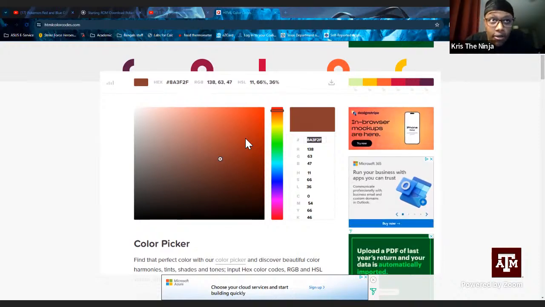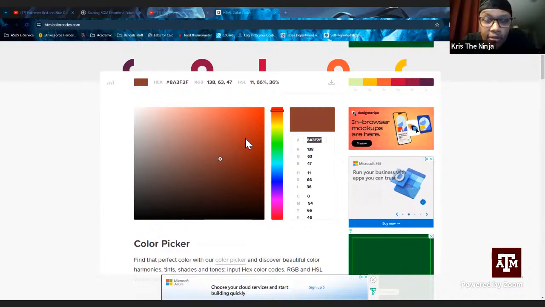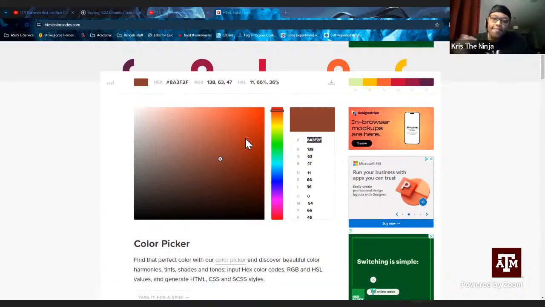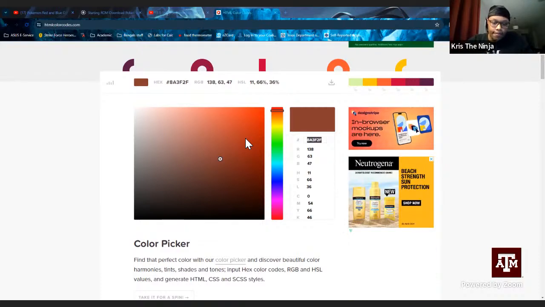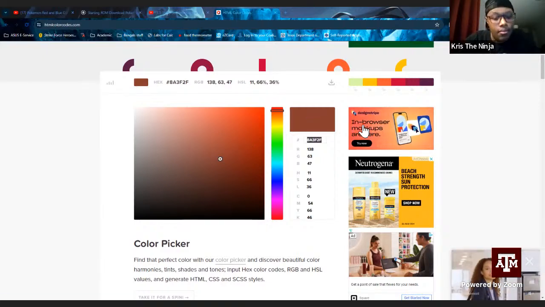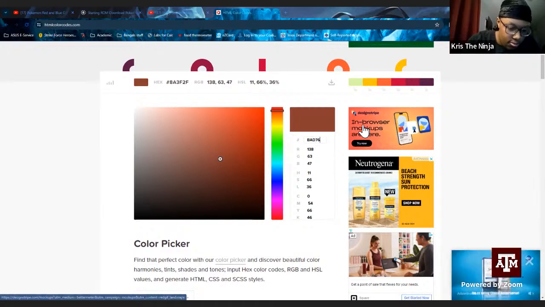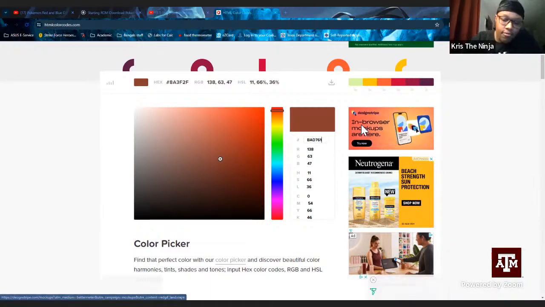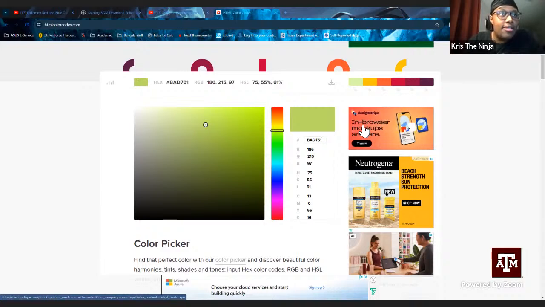Let's just pick a random one. It has six values. If I say I want my hex color to be BAD761, that gives me this lime-ish green color.